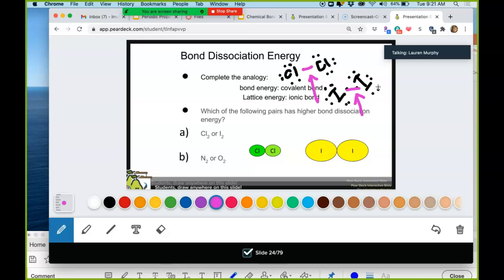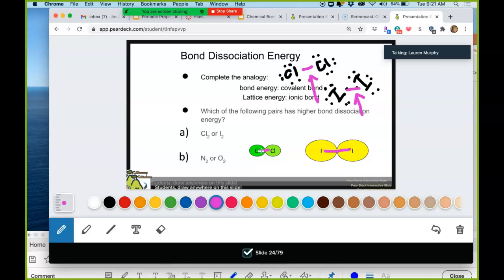So if the bond types are the same, what plays a role is the size of the atom, because single bonds are the easiest to break. So if they're both single bonds, then you go, well, how do I pick? Well, this is the relative radius for chlorine, and this is the relative radius for iodine.